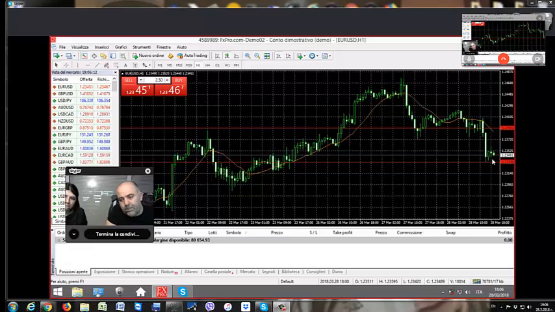We take a look on 4 hour, etc., because in case of one way down or one way up, we always need a reference where to buy or sell. I can't sell, for example, now that the market is moving down, at 46 because it's inside the trading range.